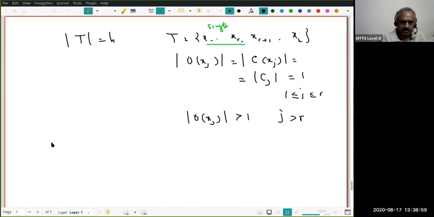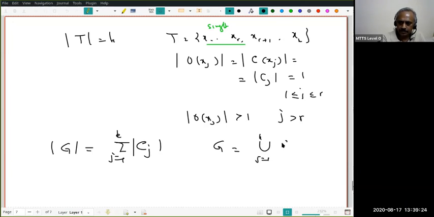Now let us try to write the abstract class equation. This is what I call the class equation. Okay, what is the class equation? The abstract class equation becomes: the modulus of G equals the sum of the modulus of Cj, j running from 1 to k, where the Cj's are conjugacy classes and G equals the union, j equals 1 to k, of Cj. Or if you don't write it this way, it is the sum of the modulus of the conjugacy class of x as x varies over T. This is also called the class equation.